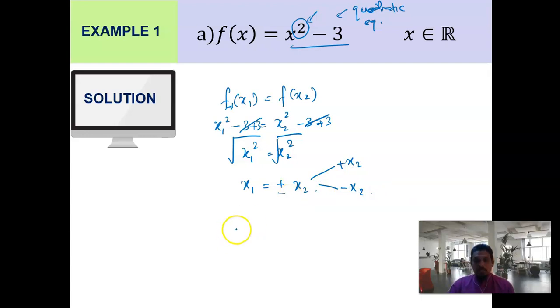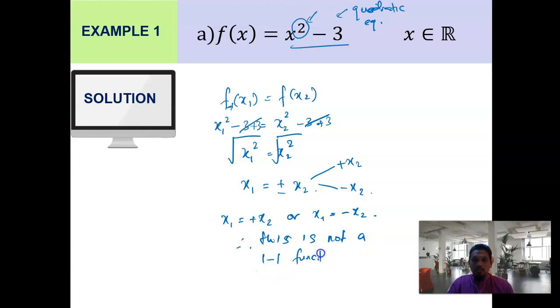So x1 equals positive x2 or x1 equals negative x2. So this is not a one-to-one function. So this function f(x) is not a one-to-one function.